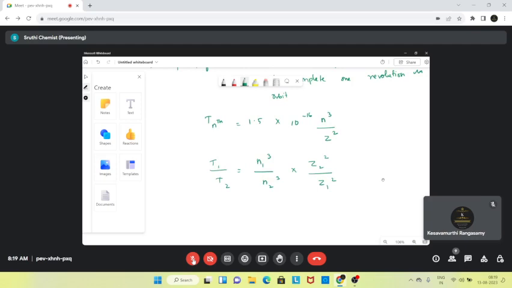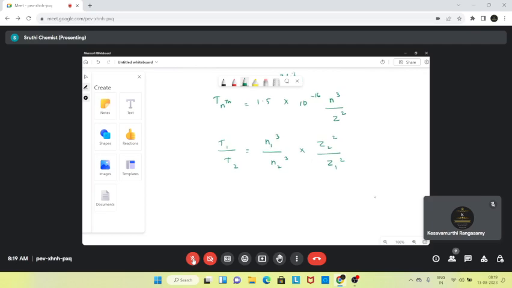Next we'll go with one question. Calculate the radius ratio of the second orbit of the helium plus ion and the third orbit of the beryllium 3 plus ion.